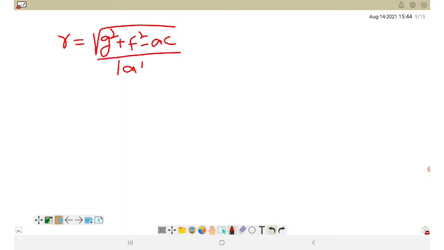So the radius of the given circle, the radius formula is square root of g square plus f square minus ac, by mod a.